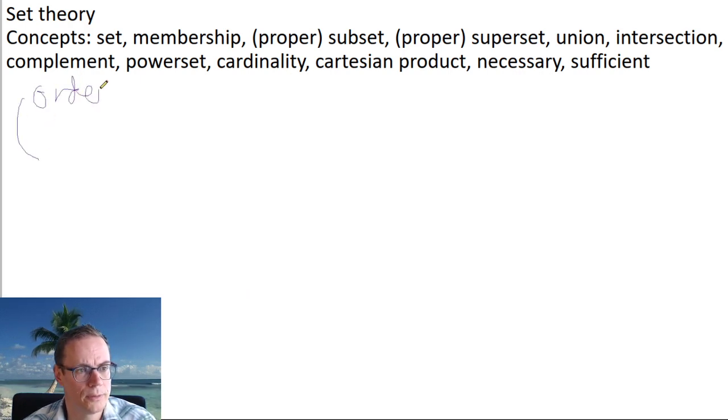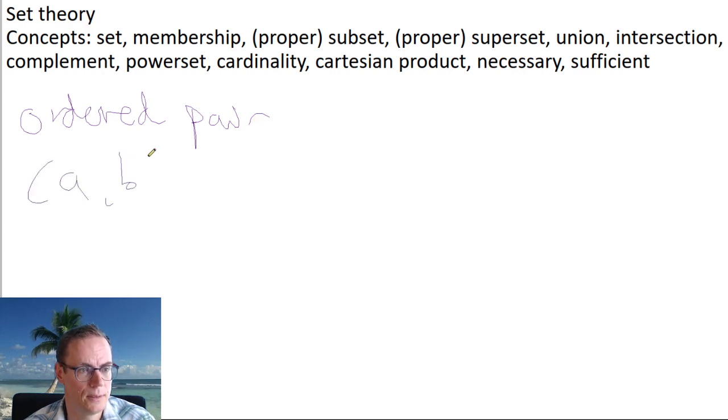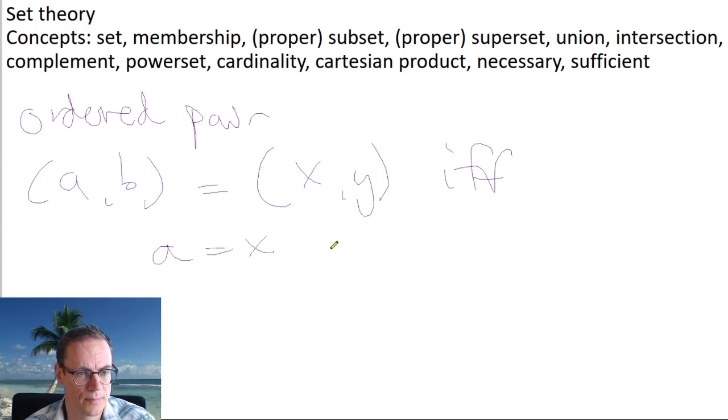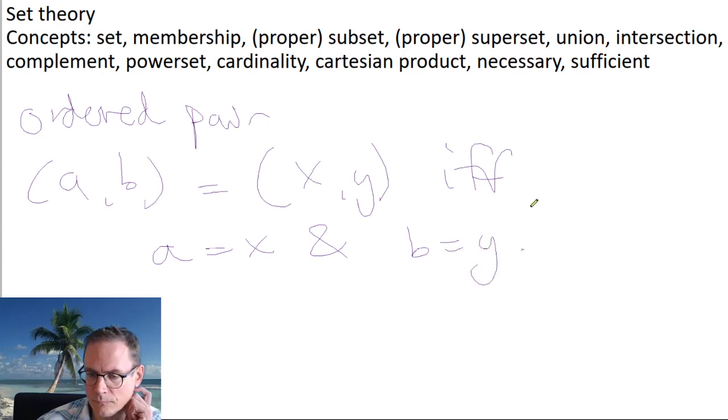So if you have two ordered pairs, and one is (A, B) and the other one is (X, Y), they are equal if and only if A equals X and B equals Y. The order matters.